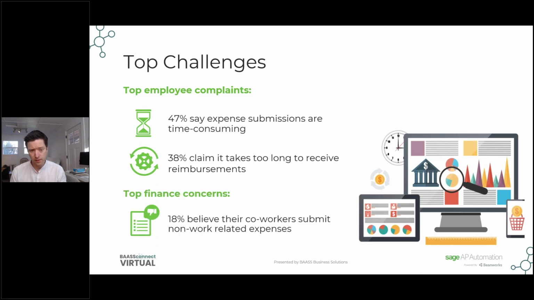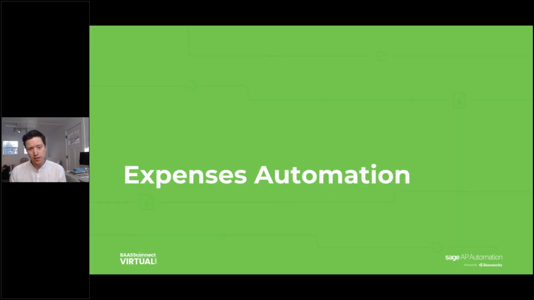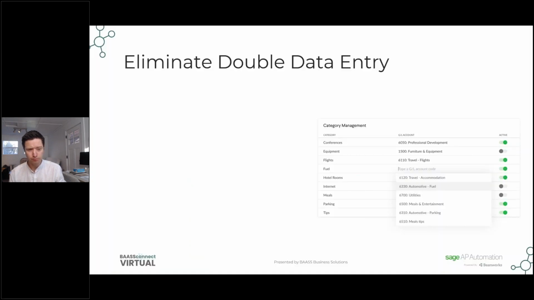And then here's an interesting insight from the research: 18% of expense reports that their coworkers had submitted were personal and non-work related expenses, or had those on there. So expense automation helps streamline reporting, processing, and reimbursing, and I'll show you how now.